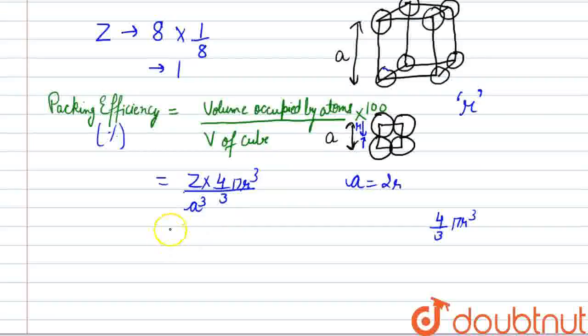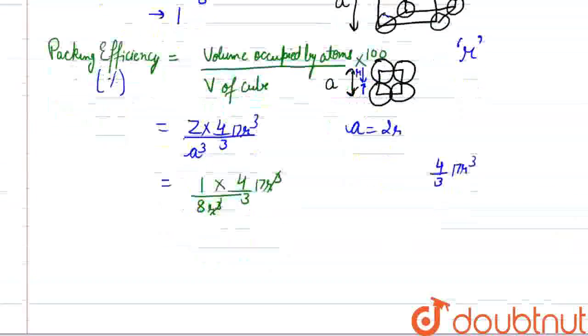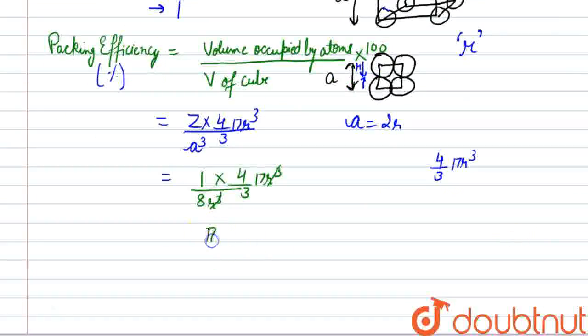So from here we will put down the value in terms of R instead of A. We have the value of Z as 1, so we will put 1 into 4 by 3 pi r cube divided by 8 r cube. This will get cancelled and we will get the value as pi by 6.